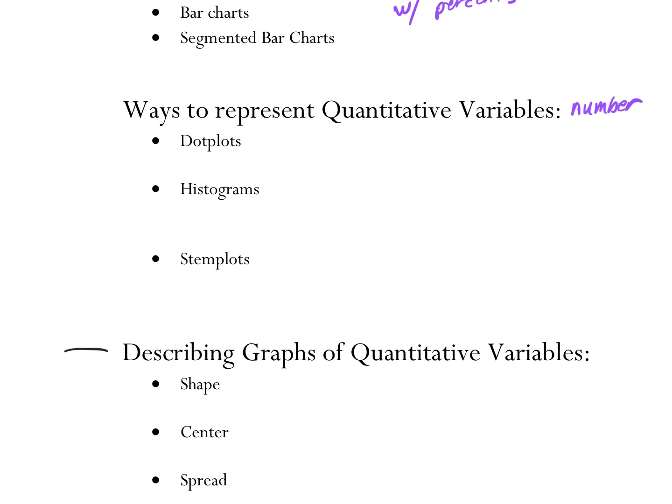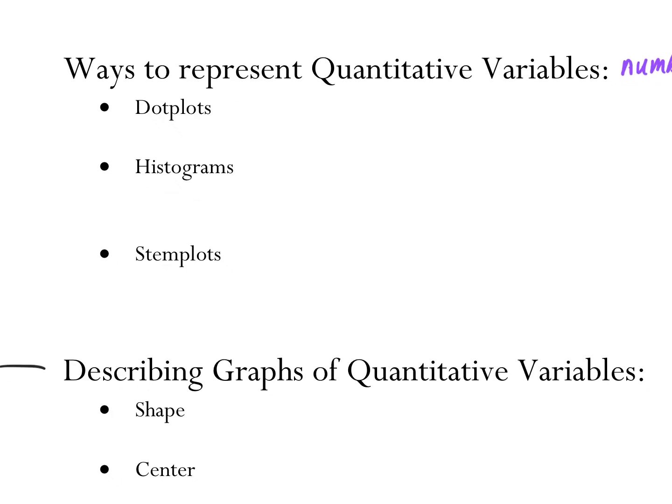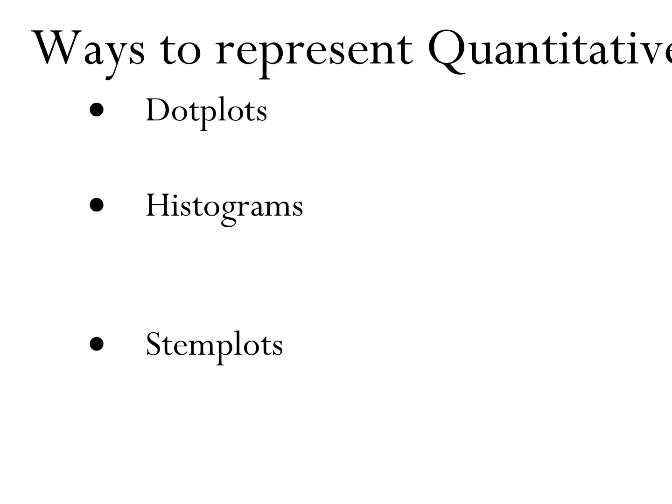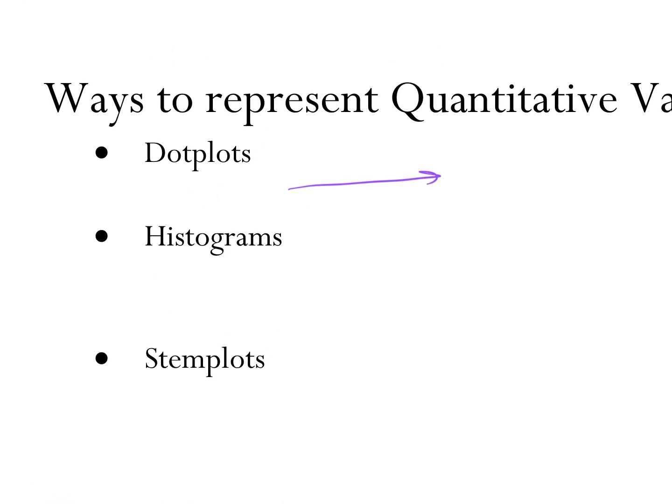I'm not going to spend a ton of time on the different graphs to represent. Dot plots are the ones that have dots on them. Histograms are kind of like those bar graphs. The vertical axis on a histogram is frequency. Okay?